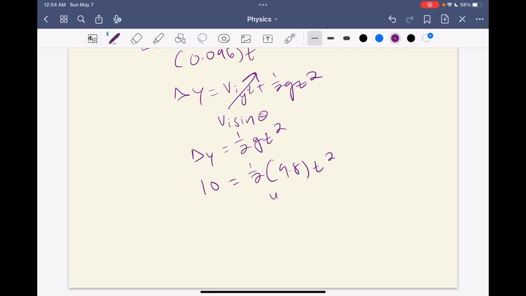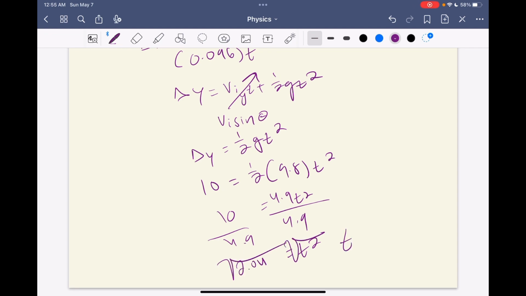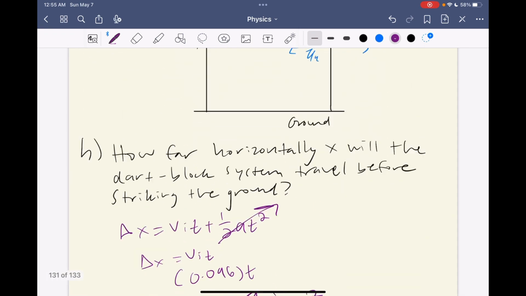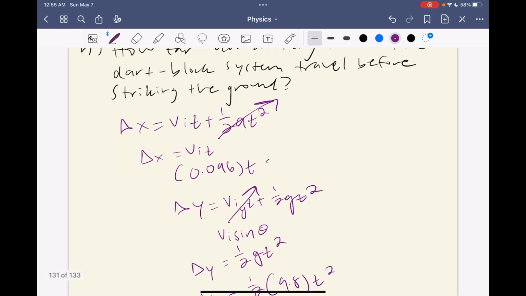We're given that the height is 10 meters and gravity is 9.8. So this would be 4.9 t squared equals 10, and then we divide both sides by 4.9 to isolate for t squared. 10 divided by 4.9 is 2.04. Square root both sides to find the time. We get 1.43 seconds. So now we can plug it into the original.